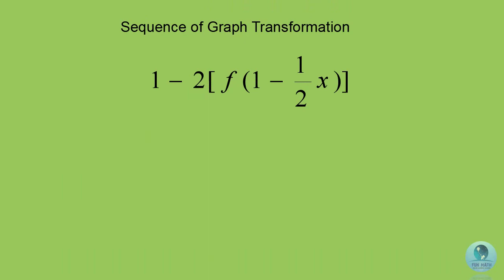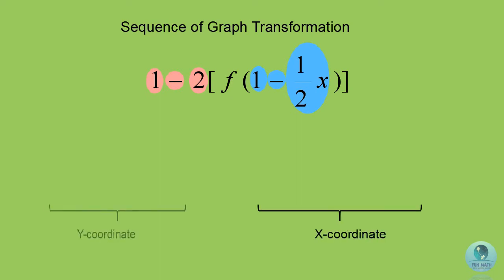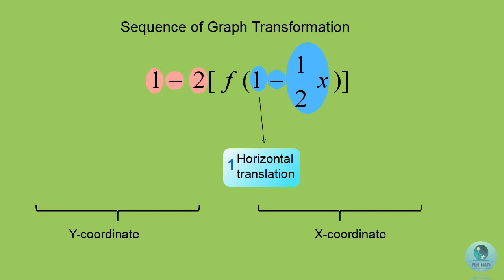If you look closely, 1 minus 2 multiply f of 1 minus half x actually consists of 6 different types of graph transformation. The blue part will affect the x coordinate. Meanwhile, the red part will affect the y coordinate. First, you need to start with the horizontal translation, then reflection over y-axis.